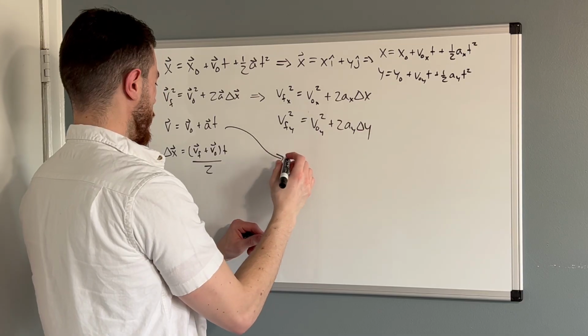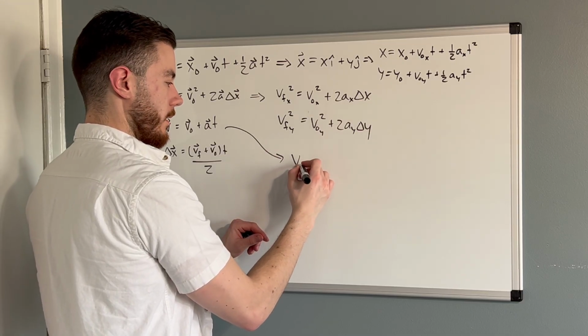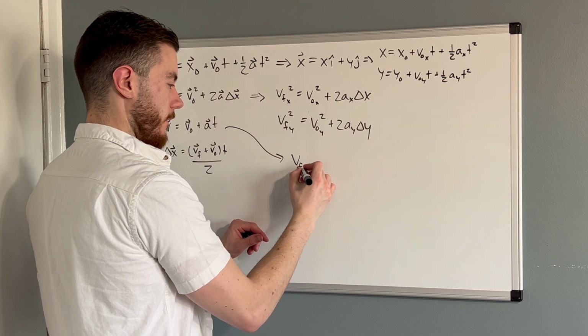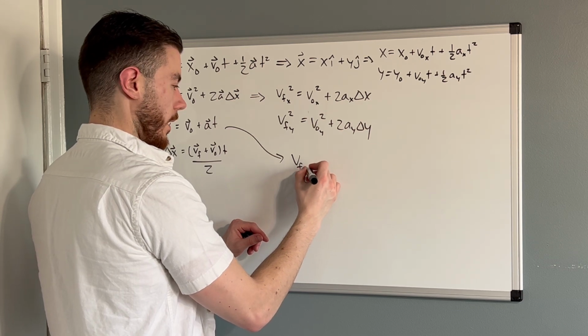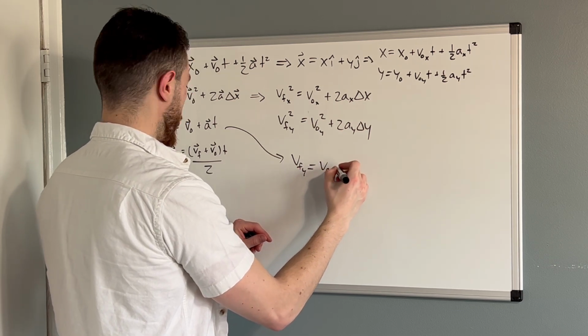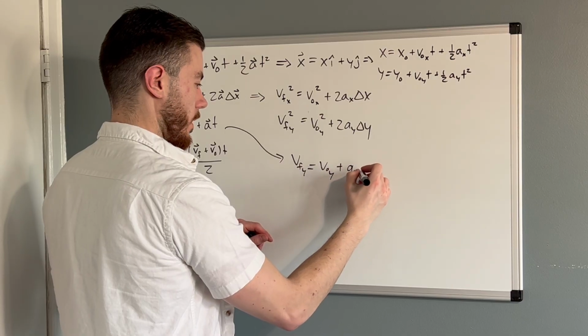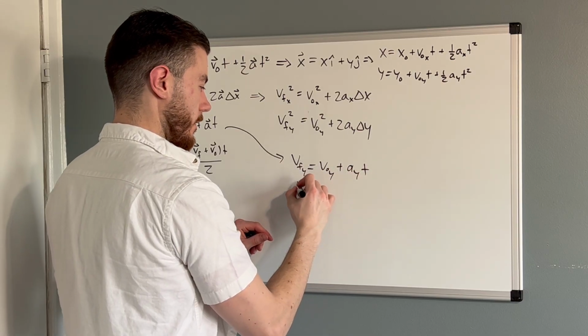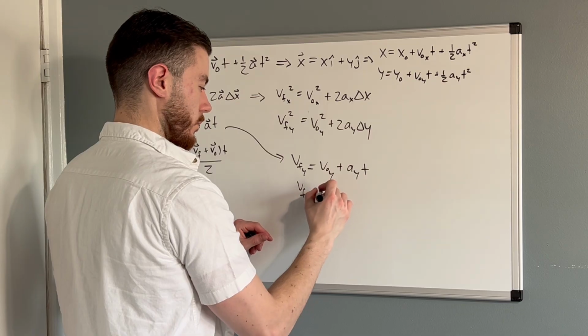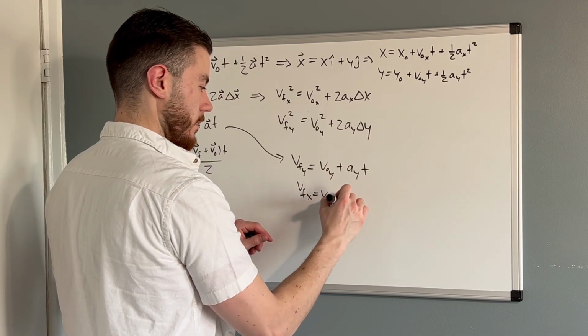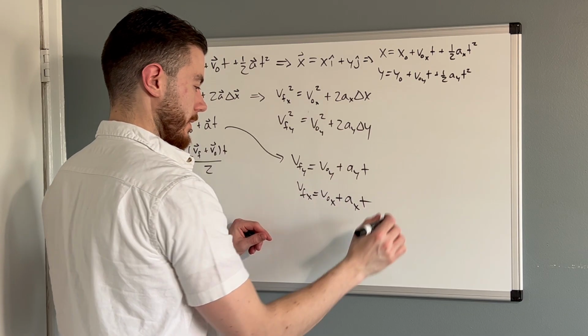This one will turn into vf y equals v naught y plus a y t, and vf x equals v naught x plus a x t.